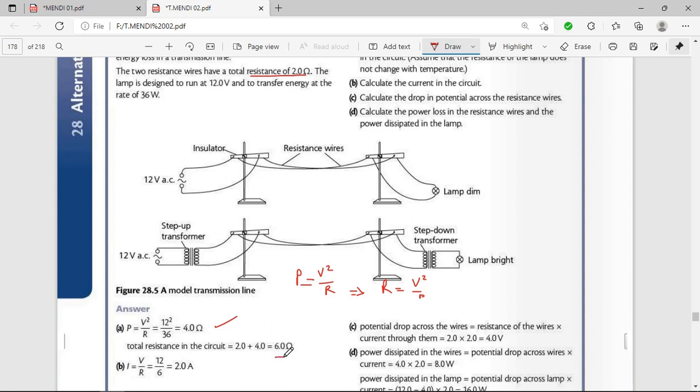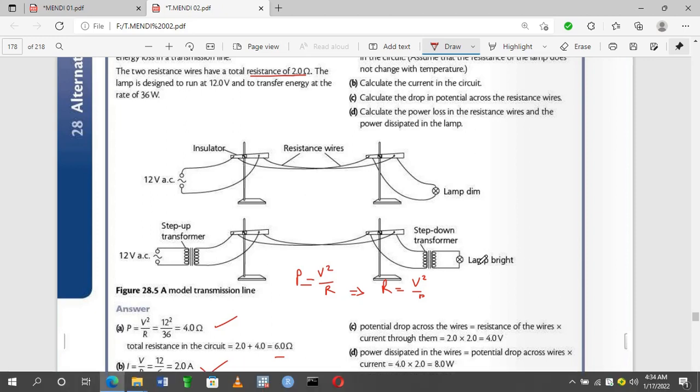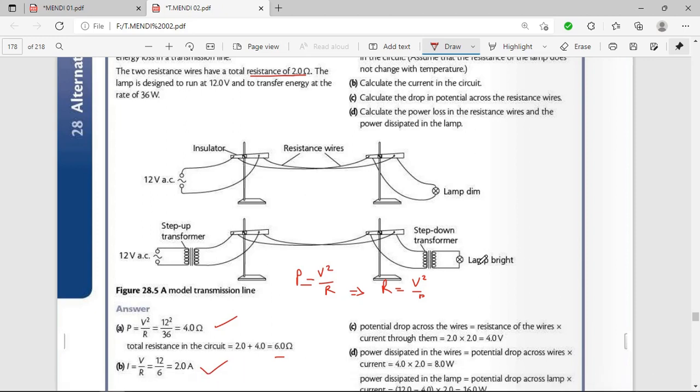Then part B, the current in the circuit, we are going to say the voltage over the total resistance, which is 2 amps. We also need to calculate the drop in potential. The potential drop across the wires is equal to the resistance of the wires times the current through them. So the resistance of the wires, which is 2, times the current through them gives 4 volts.